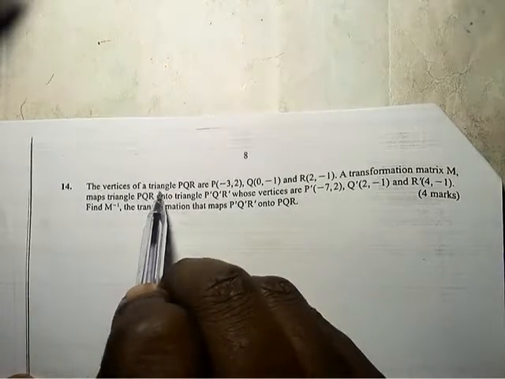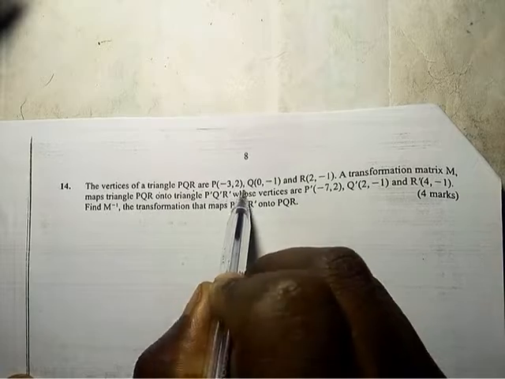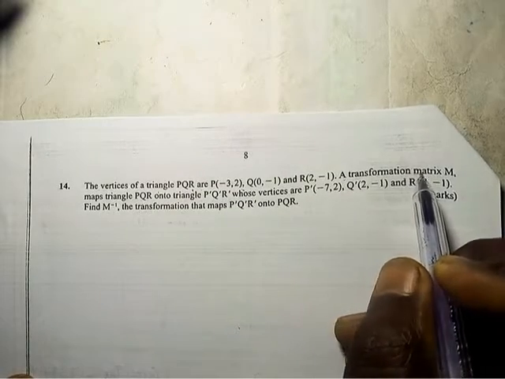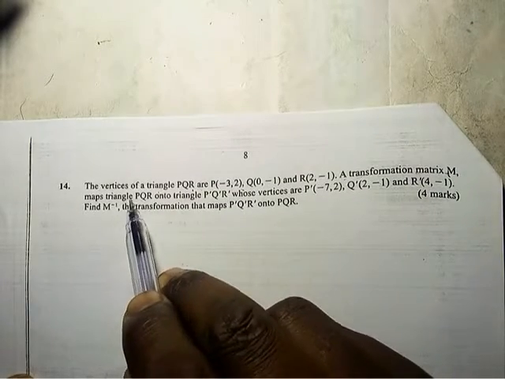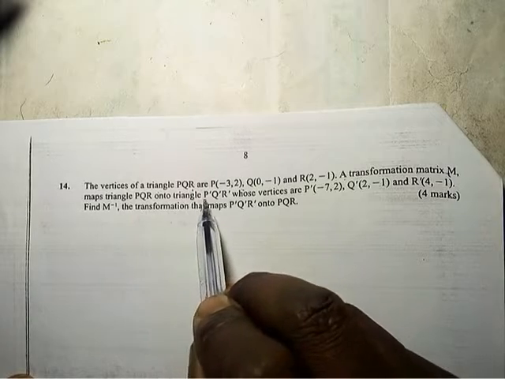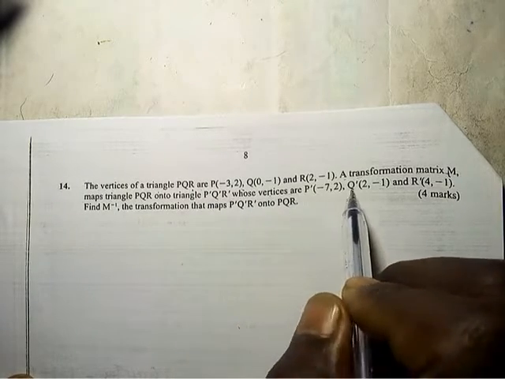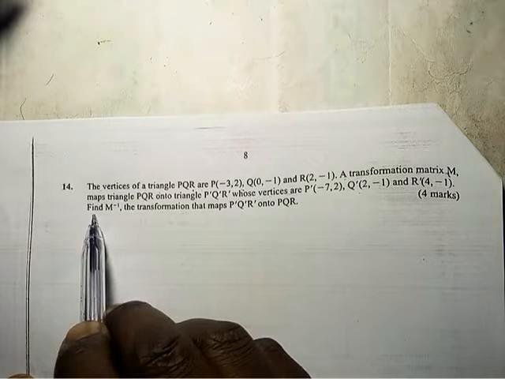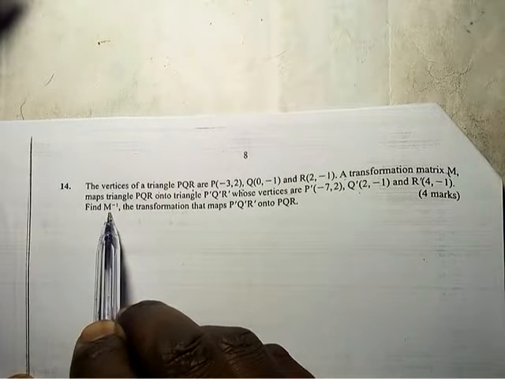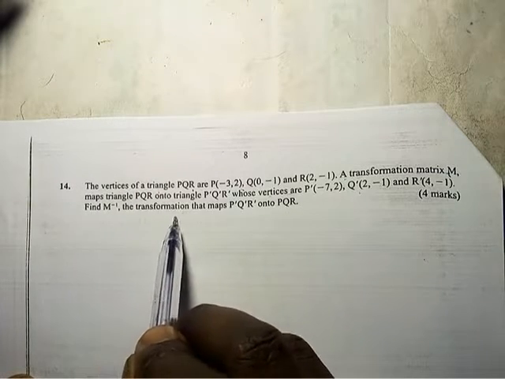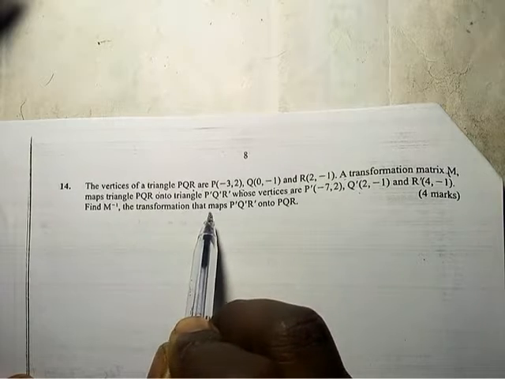The vertices of a triangle PQR are this. A transformation matrix M maps triangle PQR onto triangle this, whose vertices are this. Find M inverse that maps this to this.